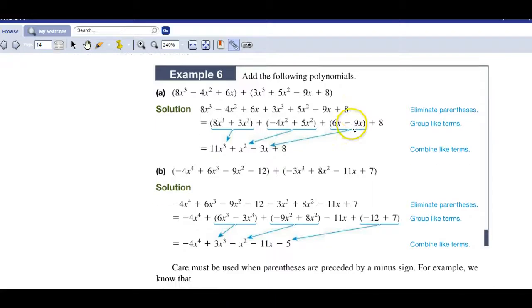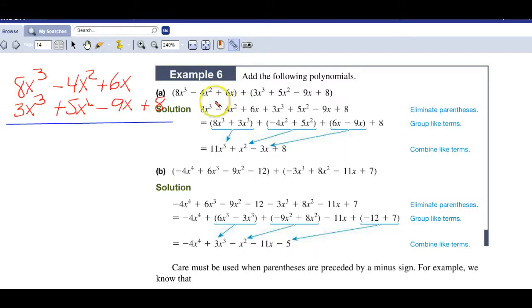And they're giving you some examples, and they do get a little complicated. Now, my suggestion, and again, they're doing this horizontally. Now, you can do it the way they are describing it here, kind of grouping the like terms horizontally.